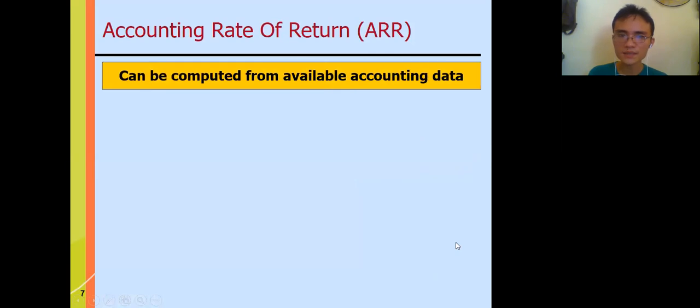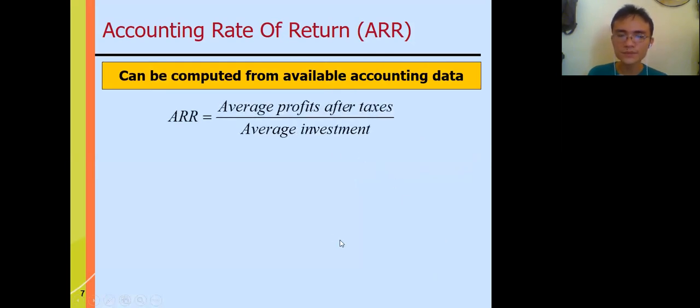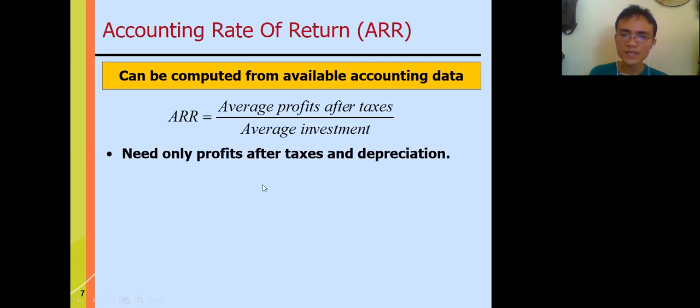So let's think. We have accounting rate of return. The formula is average profits after taxes, meaning whatever is the net income, net of tax, or even the loss. But this is like rates of return, so we think of profits. Then the average investment. So the word is average.